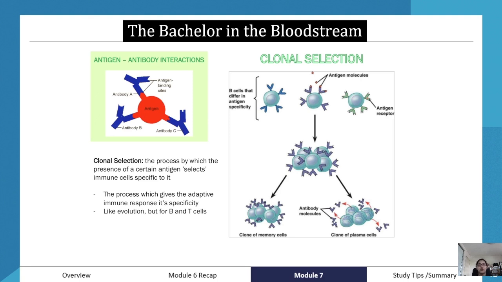So now we know that there are two important parts of the immune response. There is the cell-mediated immunity and there is the humoral immunity. So firstly, we've got the antigen-antibody interactions. Like I said, the antigens, as you can see, are these receptors on the cell surface of the pathogen. So that is an antigen.